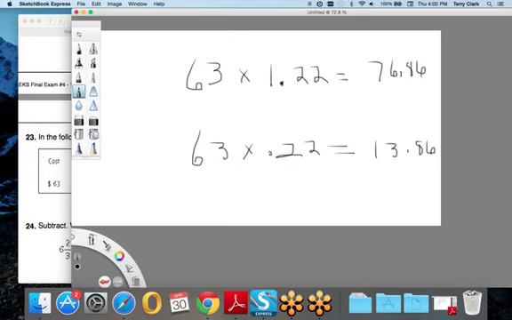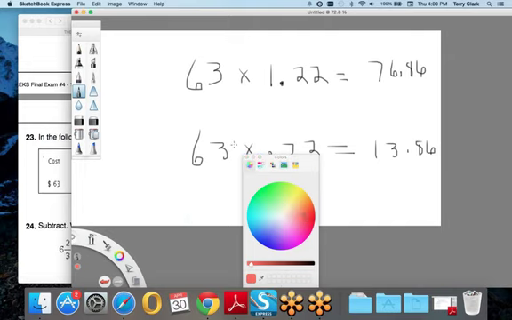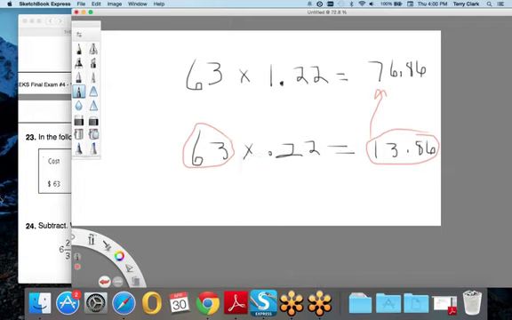Now, if we took the $63 and added the 13.86 to it, we would come back up with the selling price of 76.86 as well. So you could just go 63 times 0.22, and that answer would be 13.86. Then you take the 13.86 and add it to the 63, and that would give you 76.86 as well.